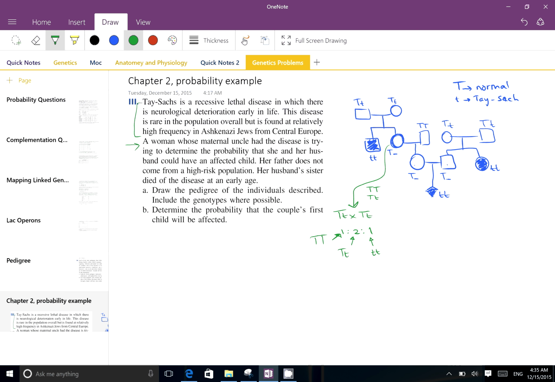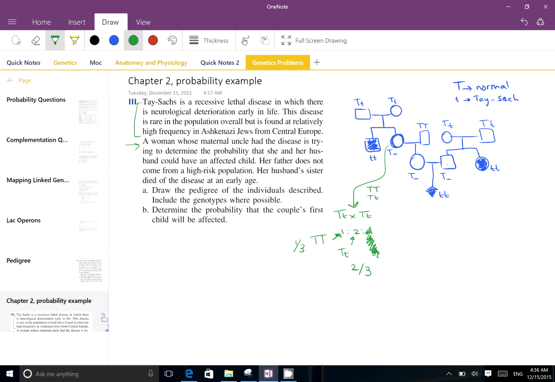Since it's not a colored circle, and she is living and healthy, we know that she doesn't have this. So we are considering whether she is a carrier or not, and in this case it's 1 plus 2, so it's out of 3. The probability of her being a carrier is 2 out of 3, and the probability of her not being a carrier is 1 over 3.